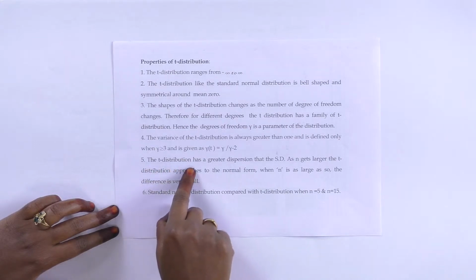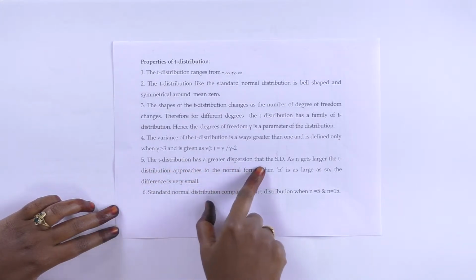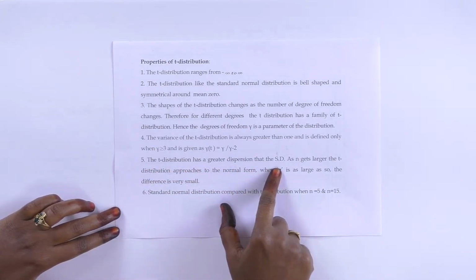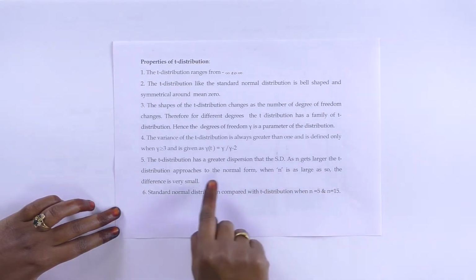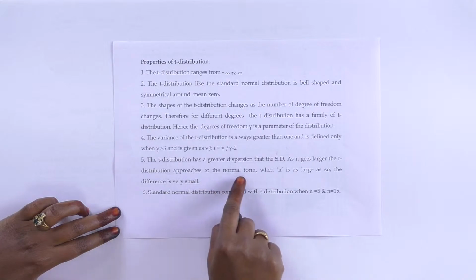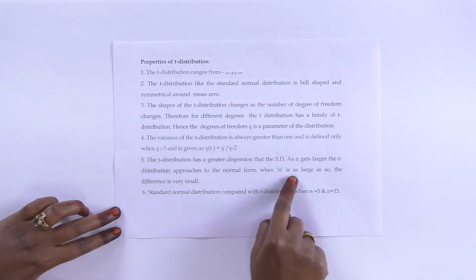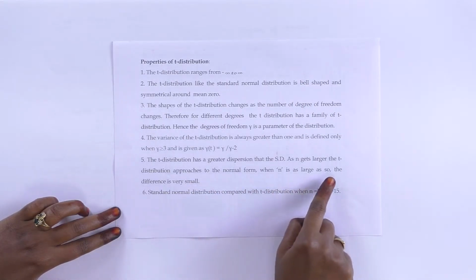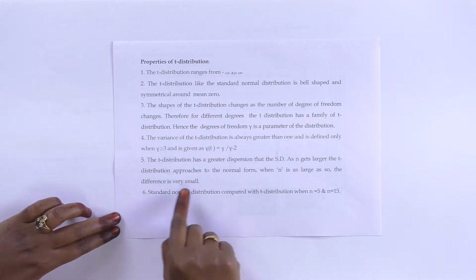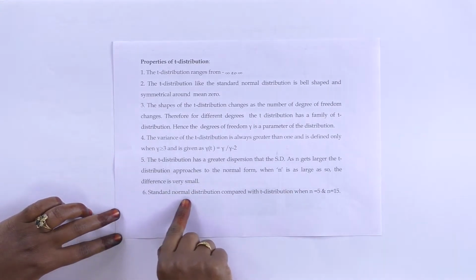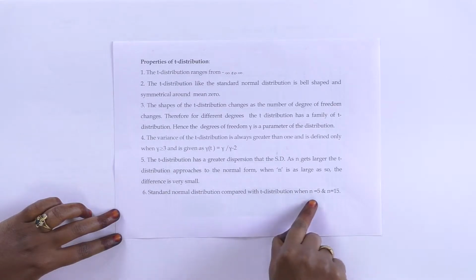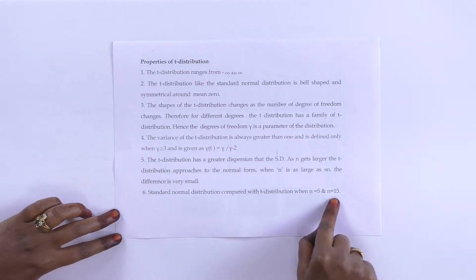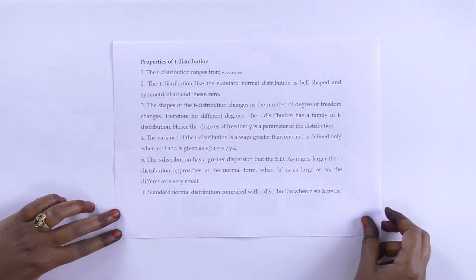The t-distribution has greater dispersion than the standard normal distribution. As n gets larger, that is the sample size is larger, the distribution approaches the normal form, so the difference is very small. Standard normal distribution is compared with the t-distribution when the sample size is 5 and when the sample size is 15. These are the properties of the t-distribution.